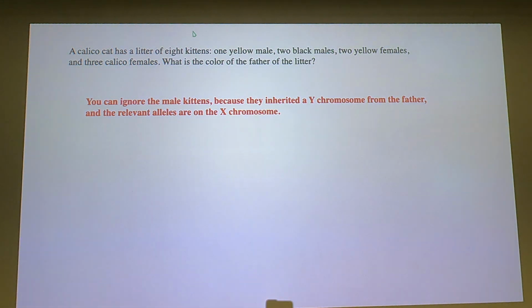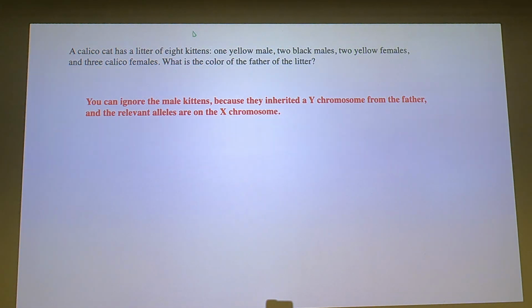Okay, what about these calico females, are they at all useful in figuring this out? How do you get a calico? You get a female cat with 2 X chromosomes, right? One from mom and one from dad. And then they randomly inactivate one of the 2.